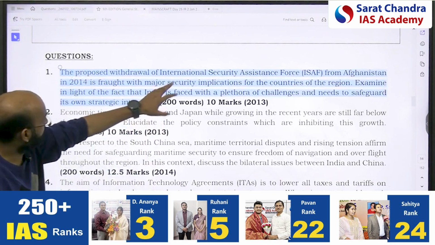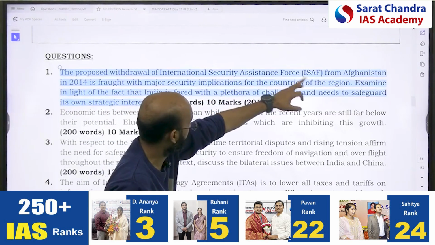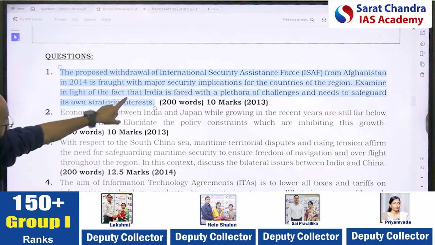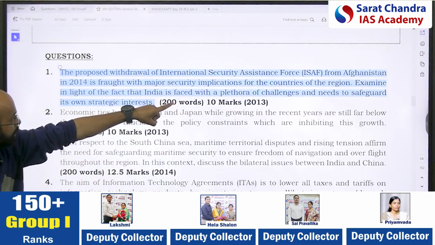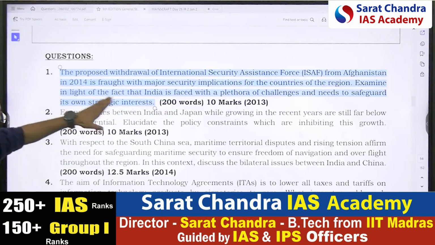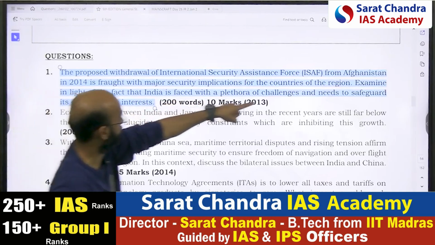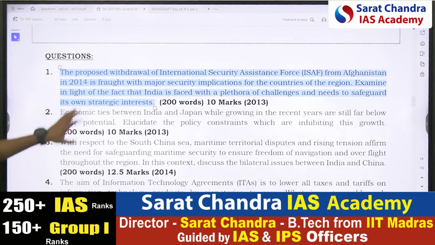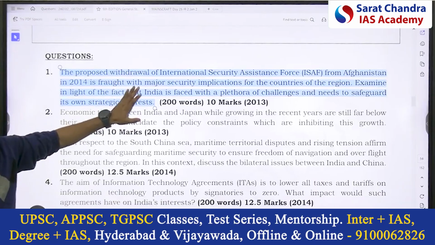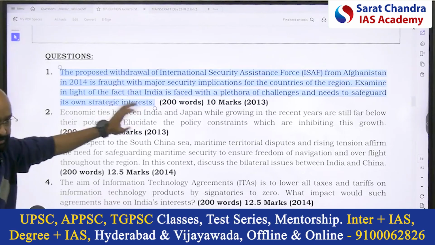The proposed withdrawal of the International Security Assistance Force from Afghanistan in 2014 is fraught with major security implications for the countries of the region. Examine in light of the fact that India is faced with a plethora of challenges and the need to safeguard its own economic and strategic interests.